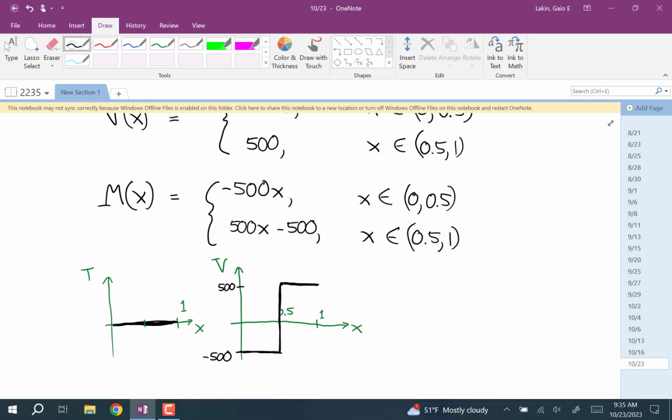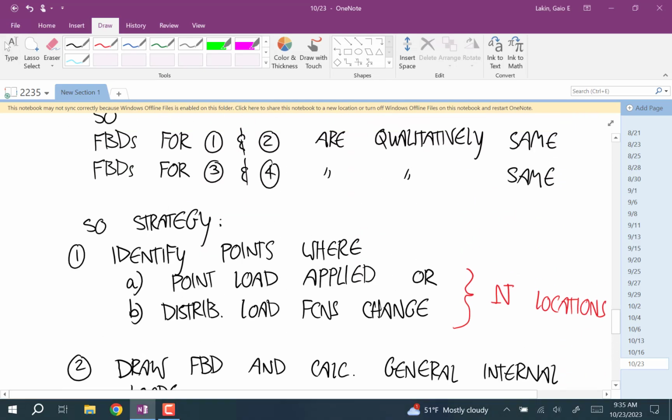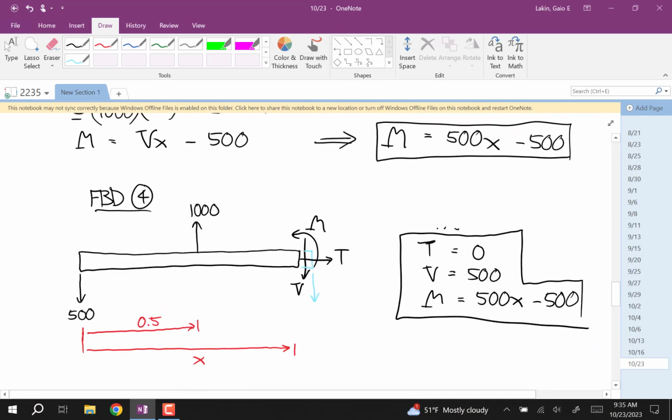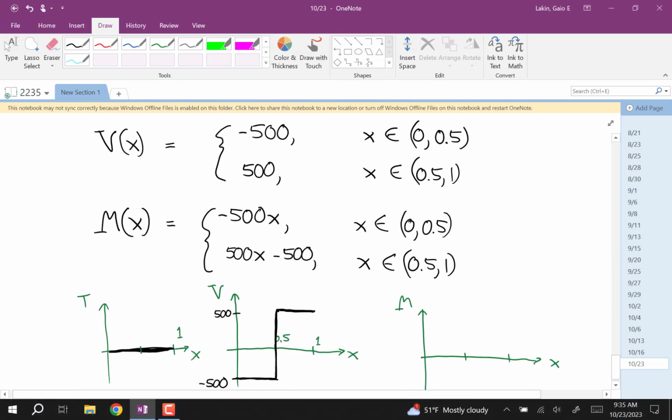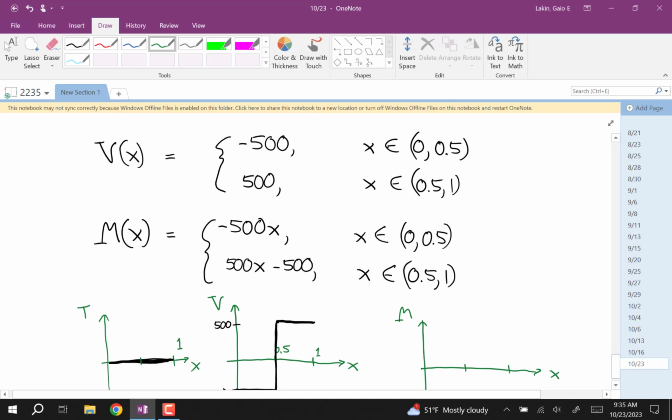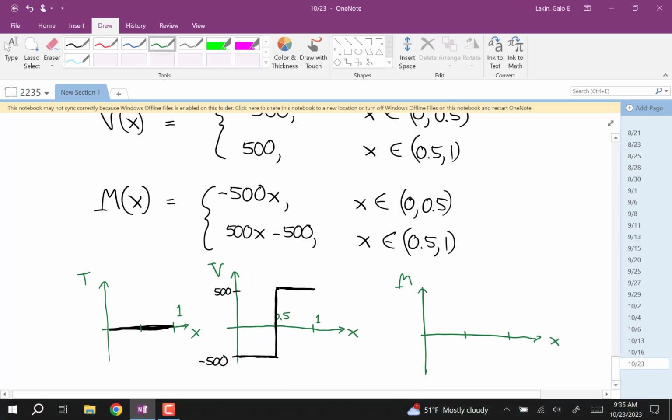And then the last one, the only one that takes any thinking for graphing. So there's 0.5, there's 1. These are linear functions, right? These two functions are linear. At x equals 0, we're at 0.